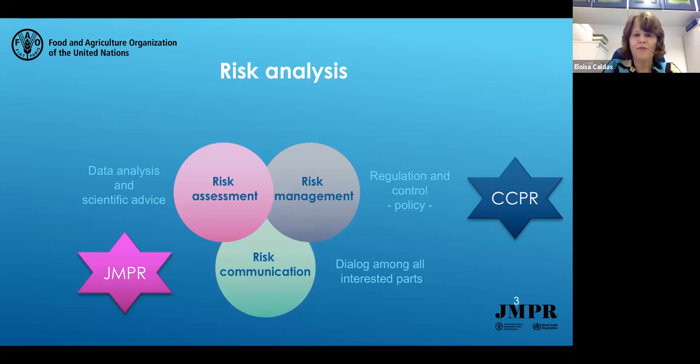And then we have the scientific part, which is what I do and what I like, and that's what JMPR does. The JMPR reviews and evaluates all the data that we've been talking about here in these four days to get to the final question: is the human exposure to this pesticide through the diet safe?